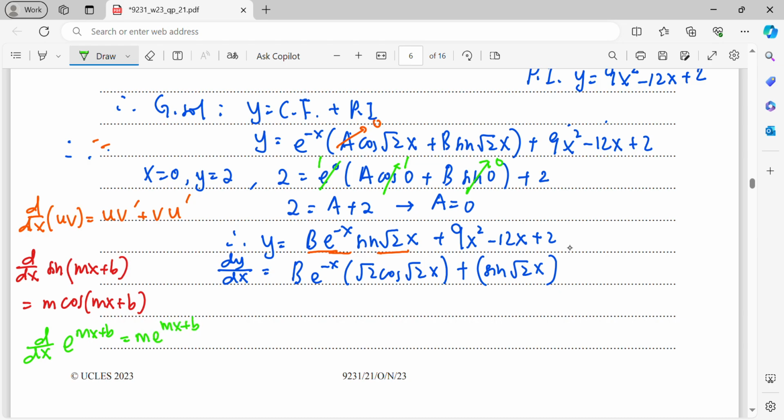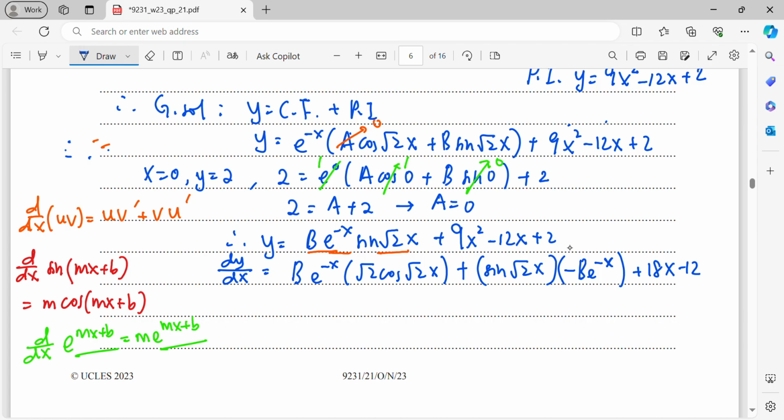The concept is you rewrite the whole e and then differentiate mx plus b is m. So then from here, I will be getting minus b e minus x, because when I differentiate negative x, it is negative. Then 9x squared becomes 18x, minus 12x is negative 12. The plus 2 will be 0.